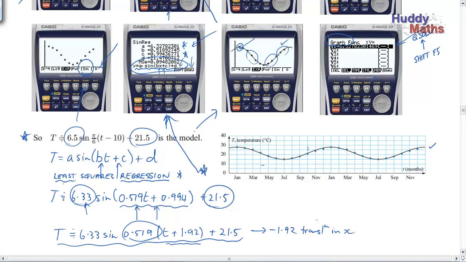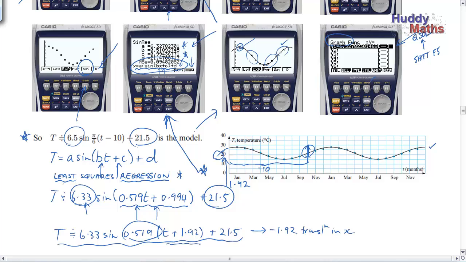Well, does that agree? Let's come up here. What did we say? In our model by hand, we said that it has started its proper movement 10 to the right. Now, we could think of this as starting the proper movement, the usual sine movement, by 1.92 to the left. That's what it's saying.